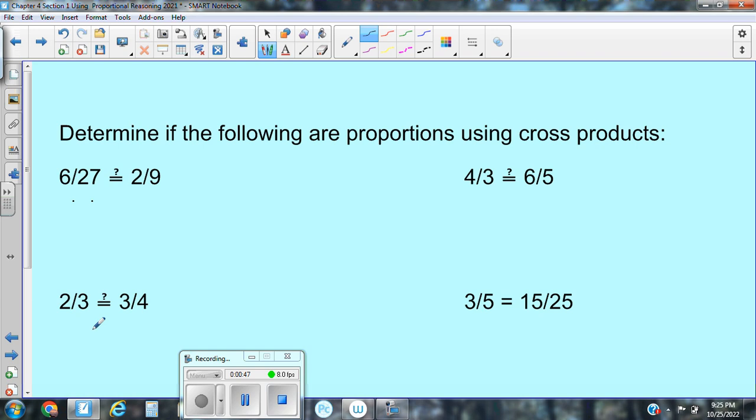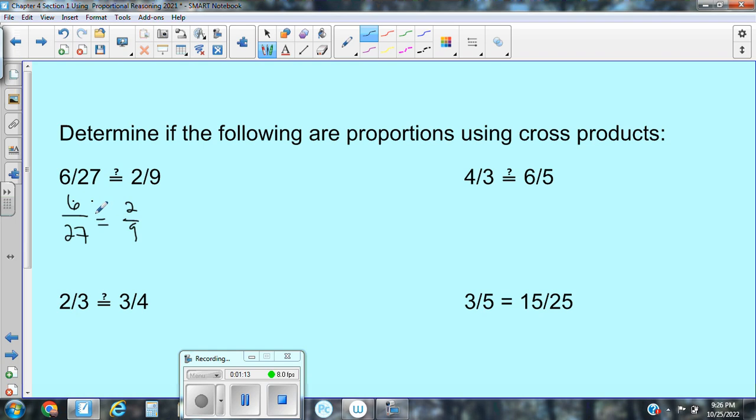So let's go ahead and try a couple problems here to determine if the following proportions are equal using cross products. Okay, on the first one, we've got 6 divided by 27 equals 2 divided by 9.